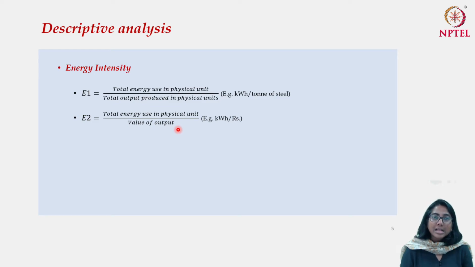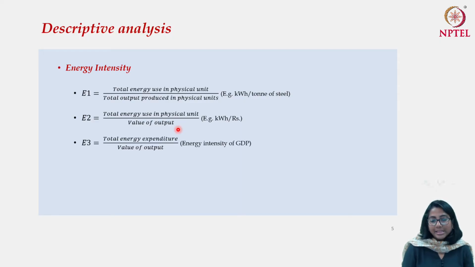So if I ask you what is the energy intensity of GDP, then I may not get the information on physical energy use for every sector of the economy. But what I can come to know is the value of transactions that went on in the market. So we can think about a measure like this, where we divide the total energy expenditure by the total value of output.